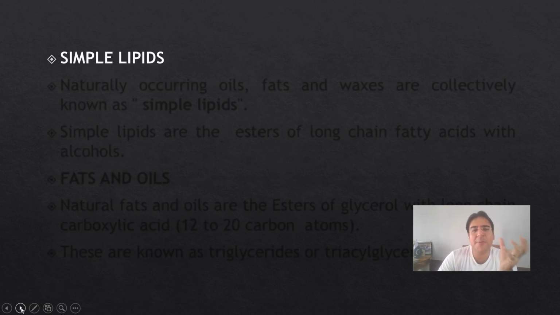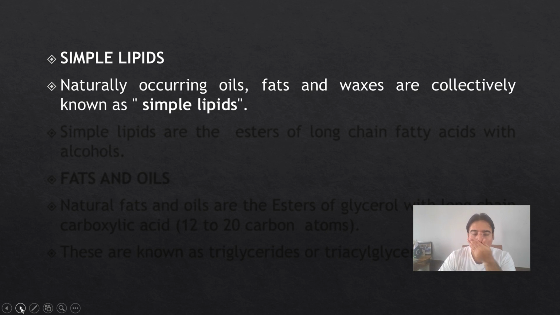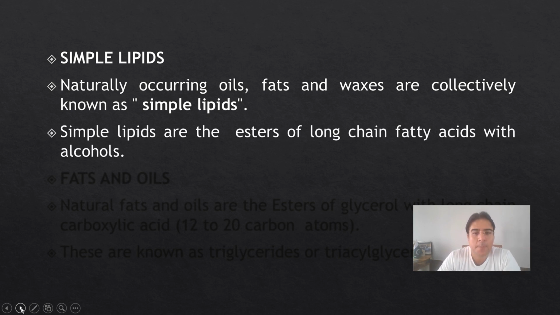Now, simple lipids are basically all the oils and fats and waxes. They're called simple lipids. So if you have cooking oil in your house, dalda oil or any ghee, or if you have makhan, you know, if you have butter, they are all simple lipids. Okay. So naturally occurring oils, naturally occurring fats, naturally occurring waxes, they are all called simple lipids.